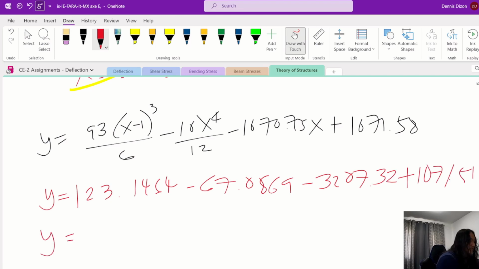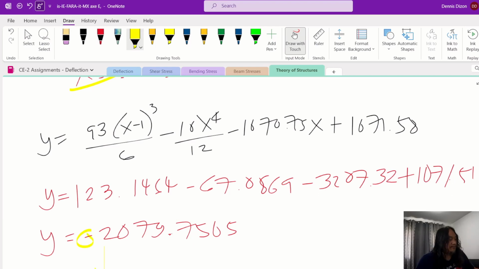So therefore y is equal to 123.1464 minus 67.0869 minus 3207.32 plus 1071.51. So our deflection is minus 2079.7505. Now this is negative, which means our deflection is going down.